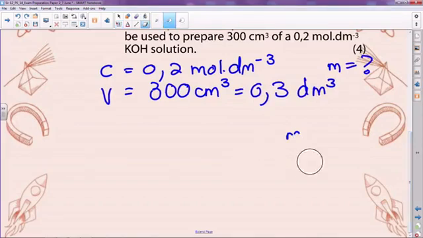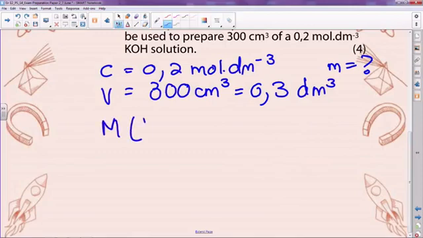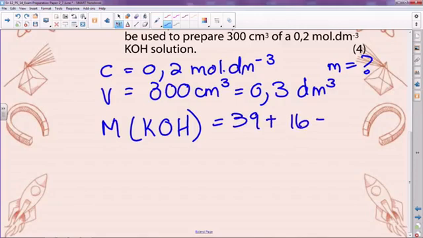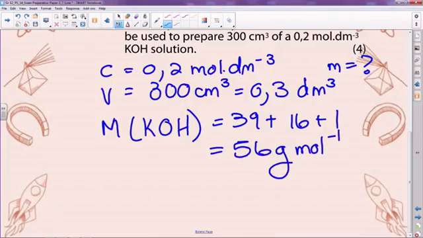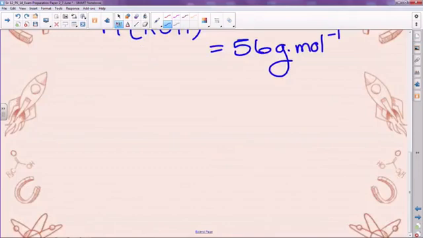So we're going to go back to our periodic table and work out the molar mass of potassium hydroxide. Potassium has a mass of 39, oxygen is 16, hydrogen is 1, and that's 56 grams per mole. From here, I can work out the mass needed quite easily using my equation.